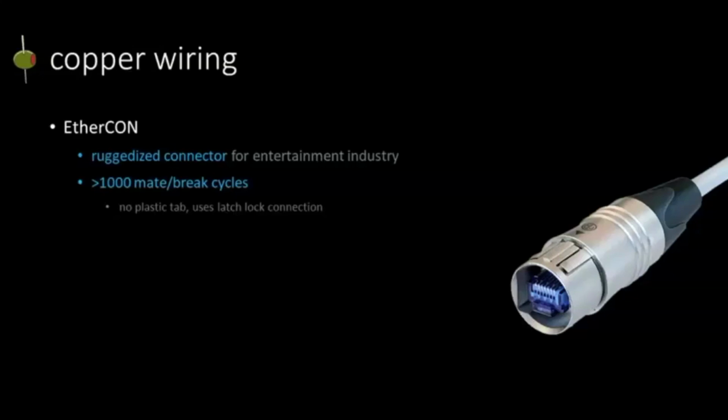And then look at ruggedized jackets to keep out things like oil, dust, moisture, all those sorts of things. We do things very differently in production with networks than we do installing it in a building for internet and email and things. So make decisions that fit with the workflow.